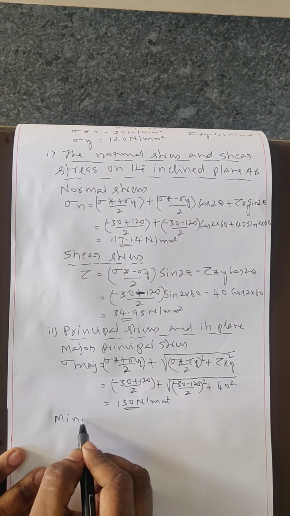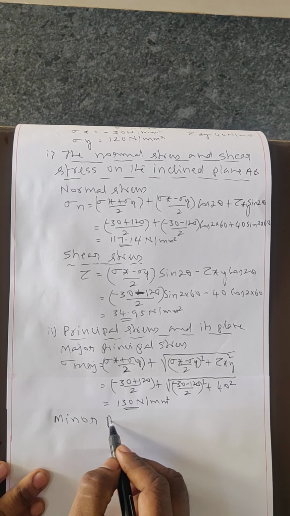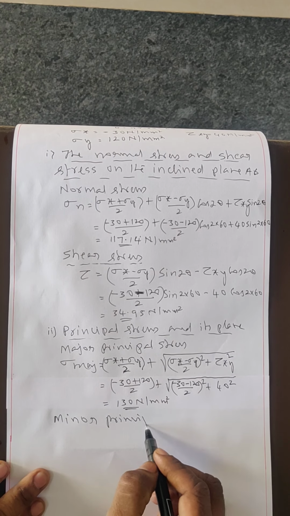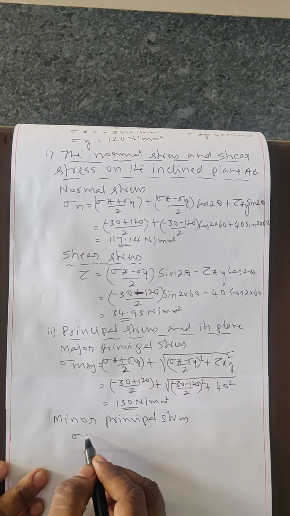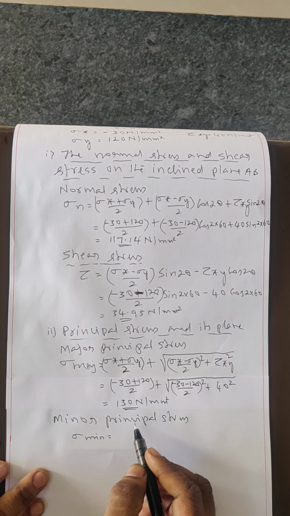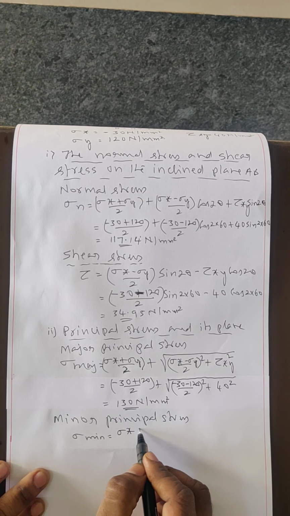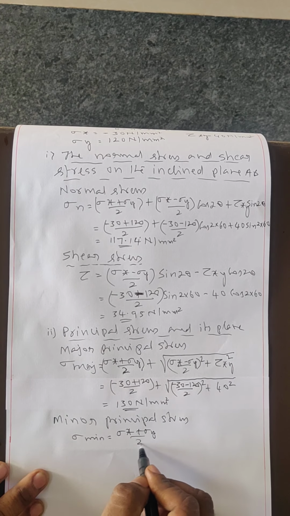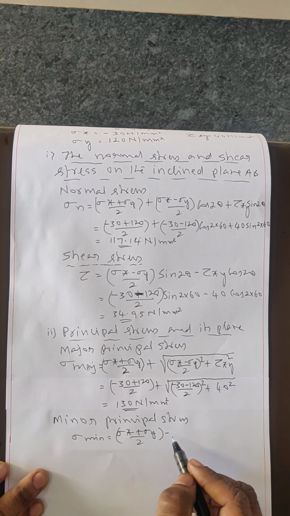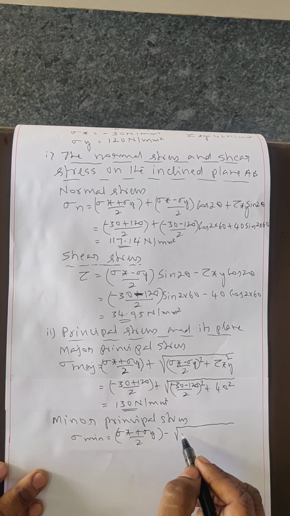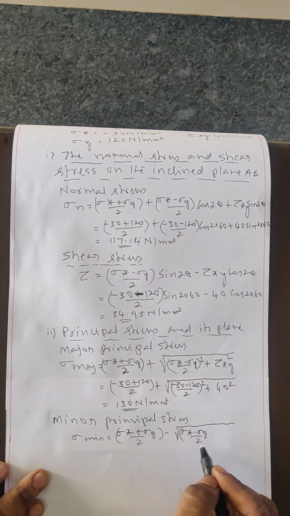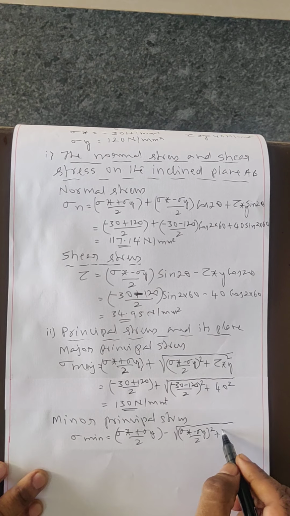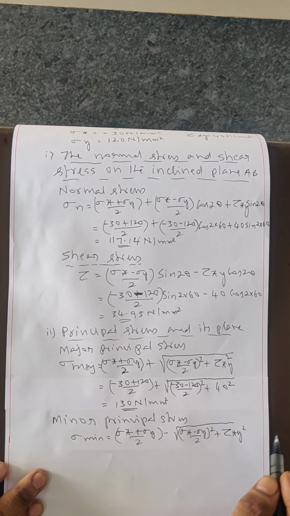Minor principal stress, sigma minor equals sigma x plus sigma y by 2. Instead of plus here, you put minus: under root sigma x minus sigma y by 2 whole square plus tau xy square.